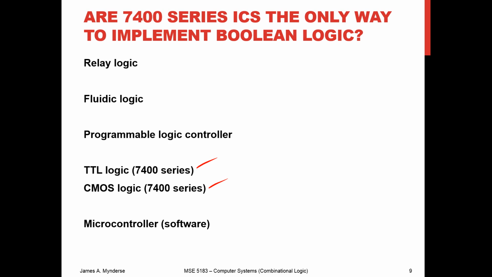Or you could pull all of your different signals into a microcontroller and run the whole thing in software. Now, there are advantages and disadvantages to each one of these, and in lab you're going to explore some of the advantages of the 7400 series compared to doing things in software, but there are other times that you might want to use relay or fluidic logic.